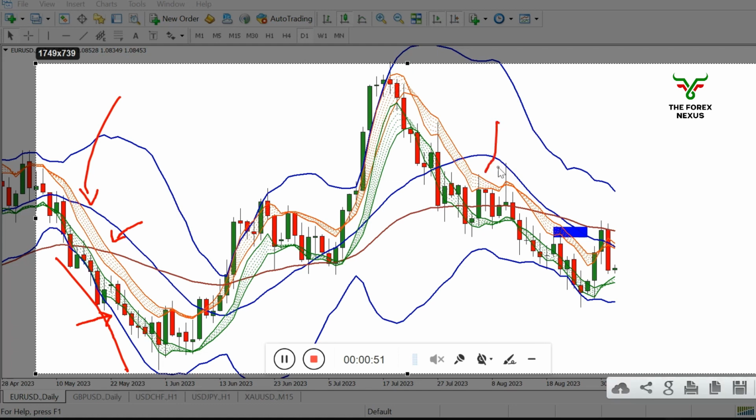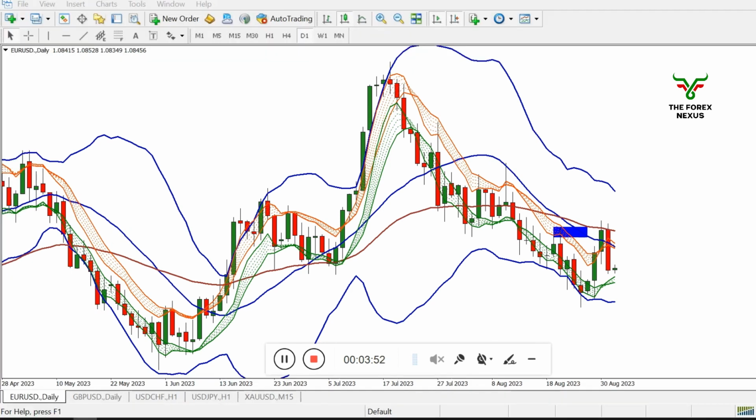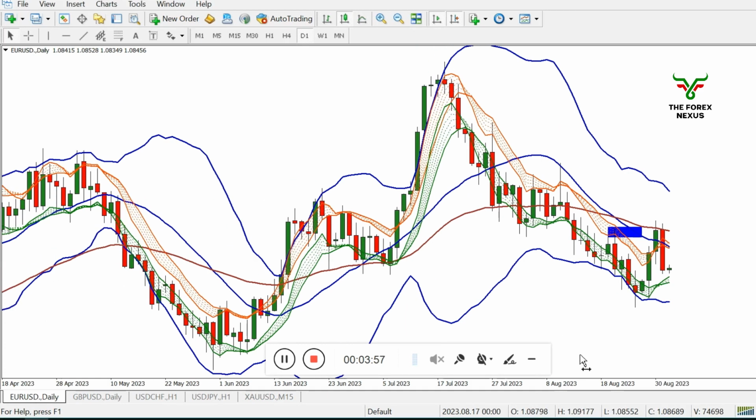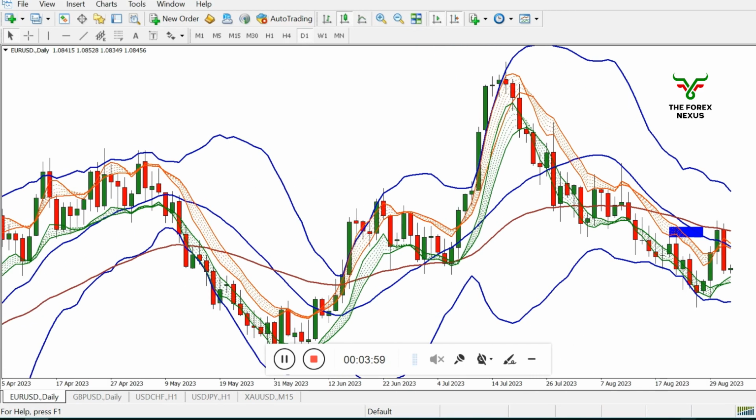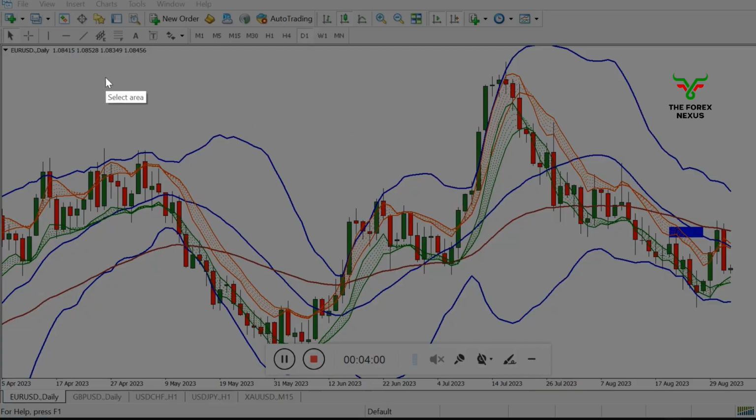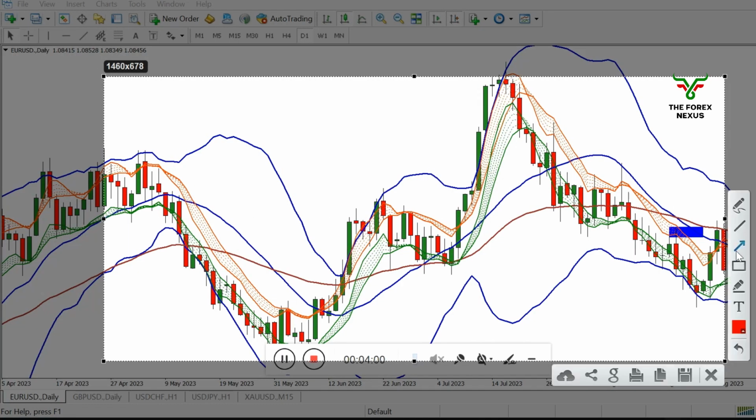Here you can see the market is moving below the MA510, the mid BB, because the mid BB is working like a mediator between buyers and sellers.